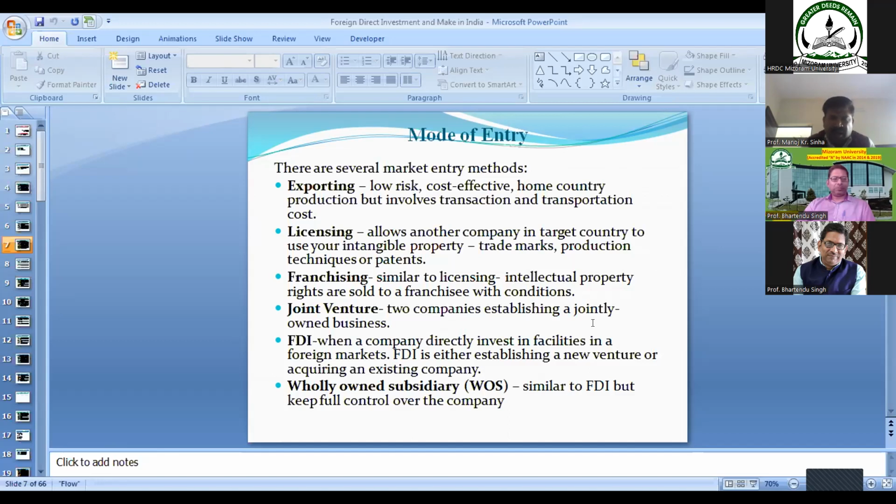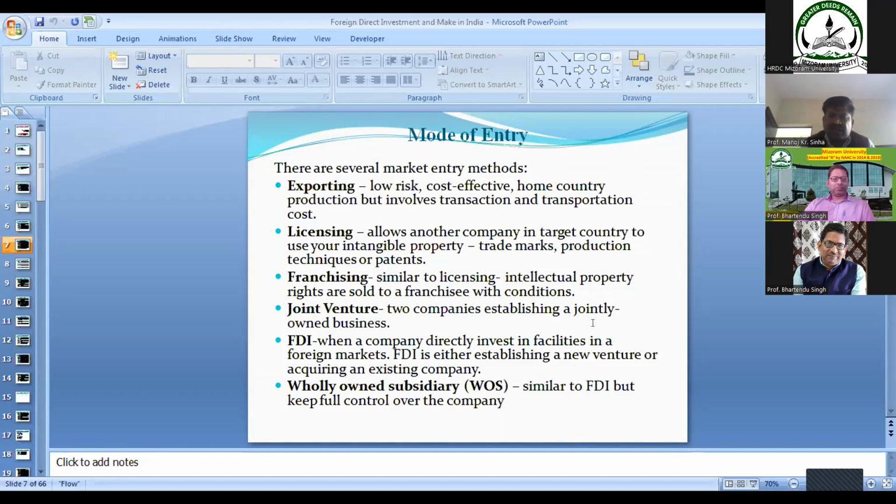Another one is foreign direct investment. A foreign investor or foreign company directly sets up its own production facility in the host country for the purpose of production activity. It may be either a new venture, which is called greenfield investment, or it may be acquiring an existing company, which is called brownfield investment.